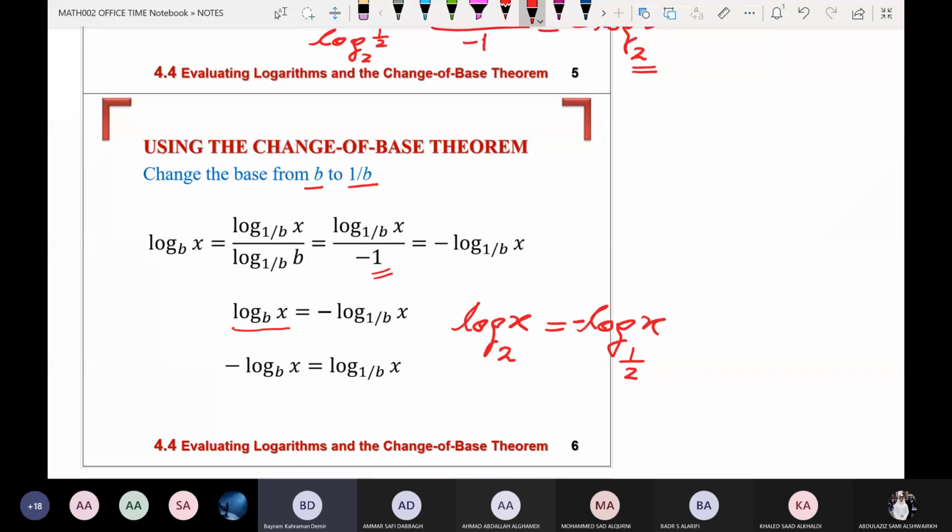Or you can write the negative to the other side, to the left side. Negative logarithm x with base 2 is the same as logarithm of x with base half, like this. Yeah, well, we need these kind of short, quick techniques to play with bases.